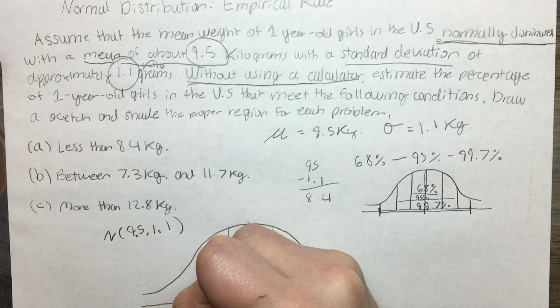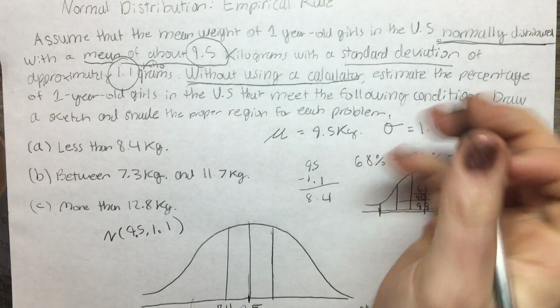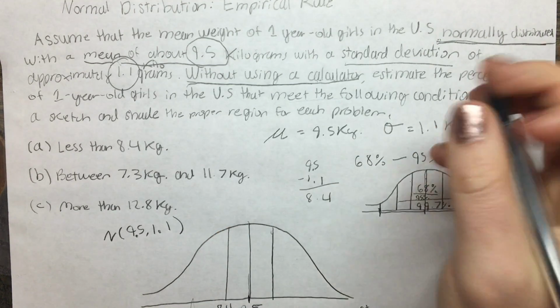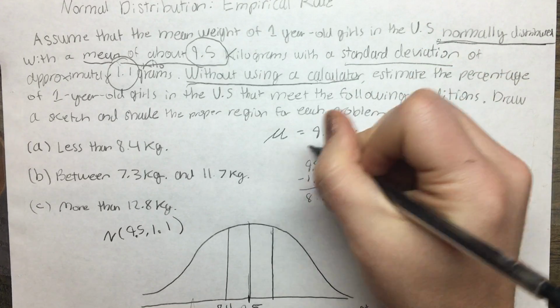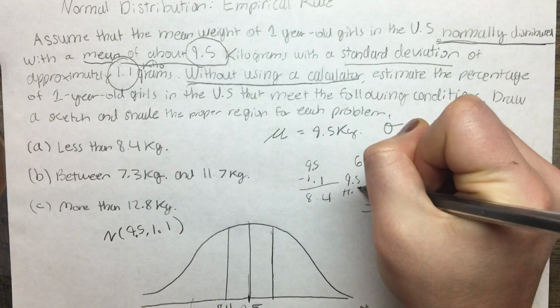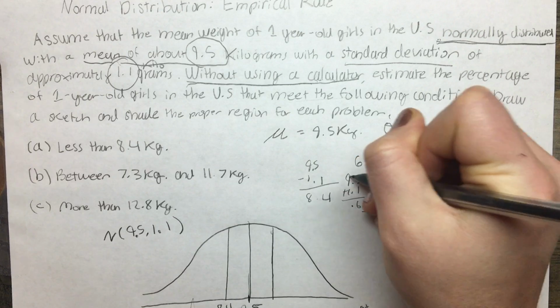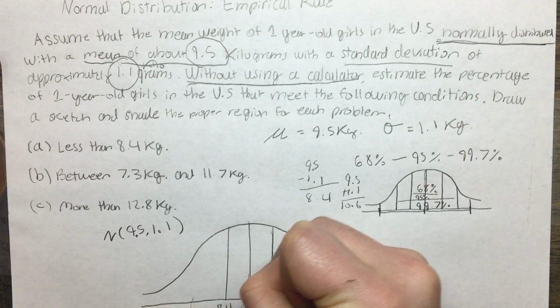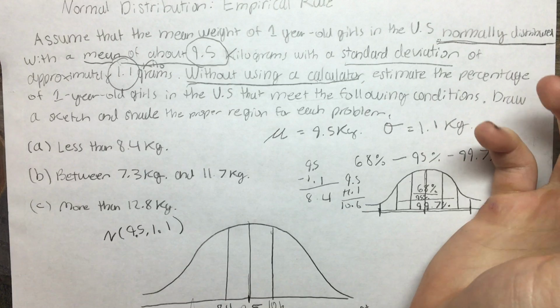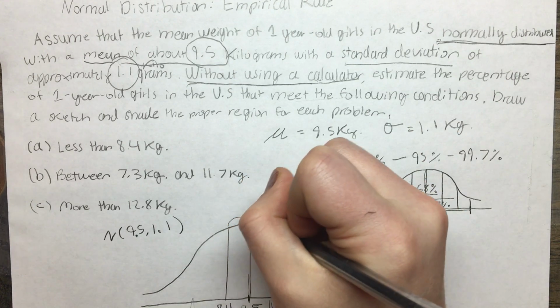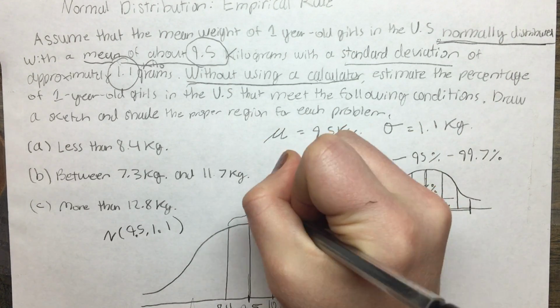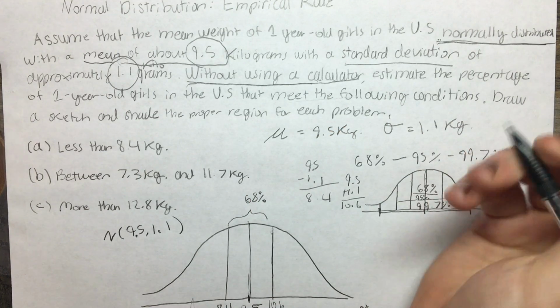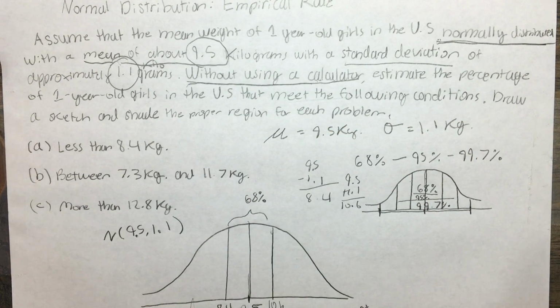Looky there, 8.4 is what we're looking for. And then if you add, 9.5 plus 1.1 is 10.6. So right here, this is 68% because this is 1 standard deviation away from the mean. But that's not our answer because we're looking for this shaded region right here.